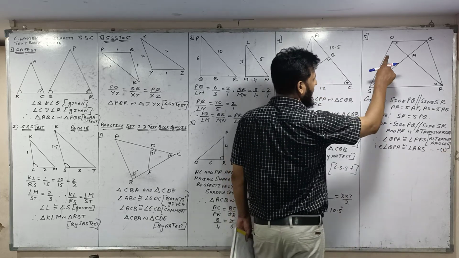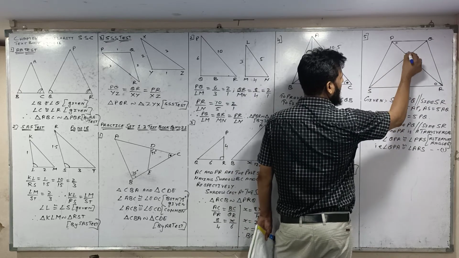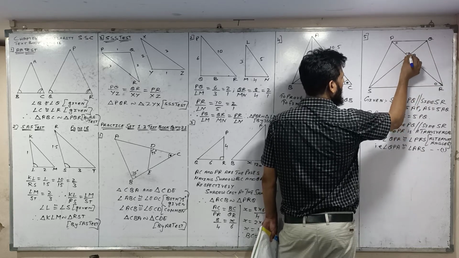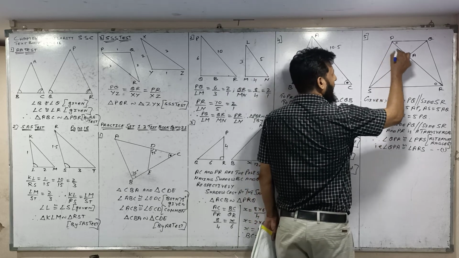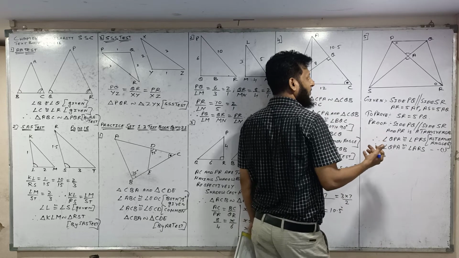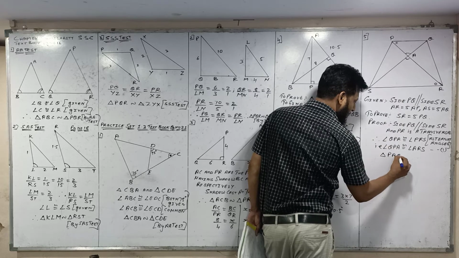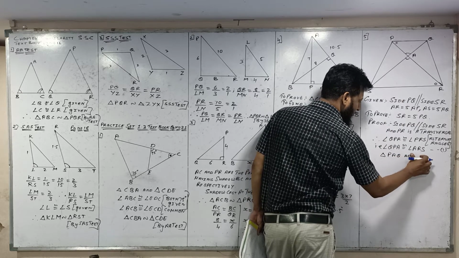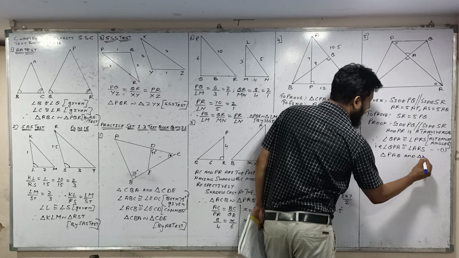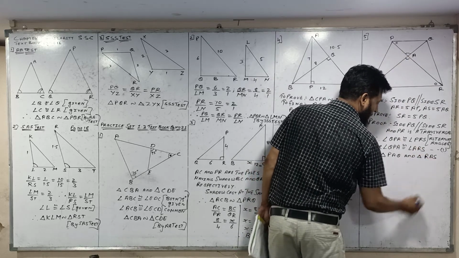Now take these two triangles. See, these lines are intersecting at point A, so these angles are vertically opposite angles. Now give the name triangle PAQ. I am using the sign to give the name, so to avoid confusion, PAQ and triangle RAS.